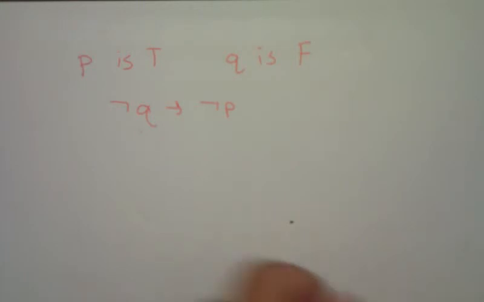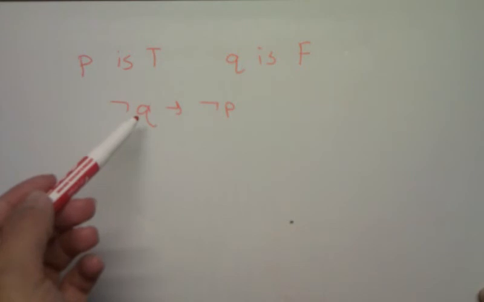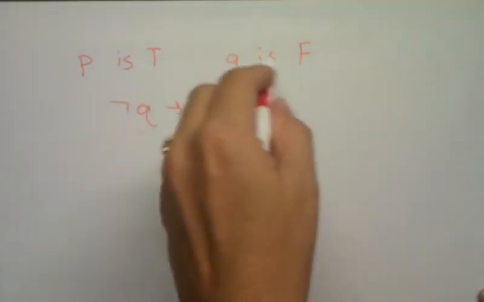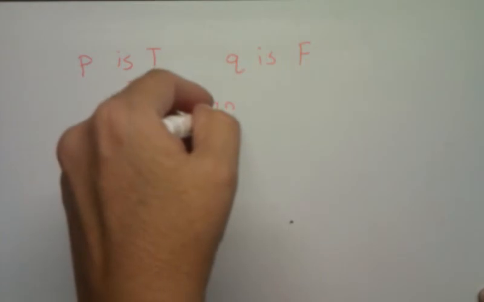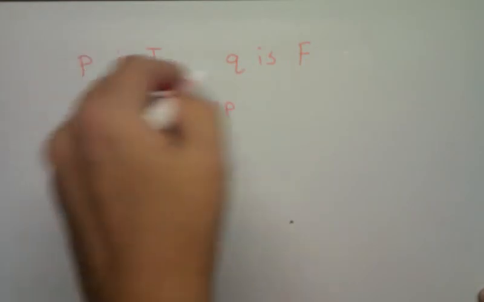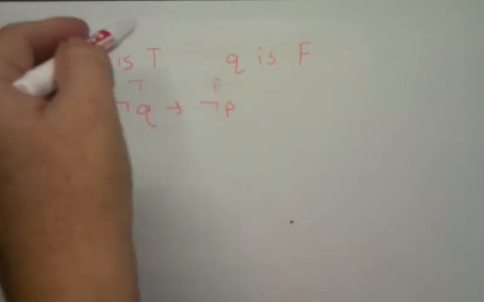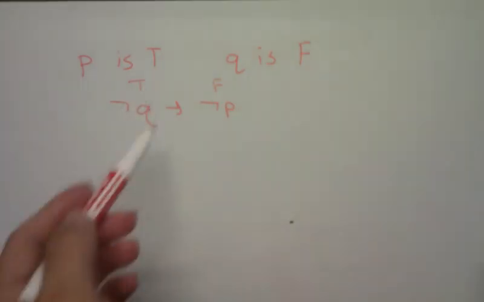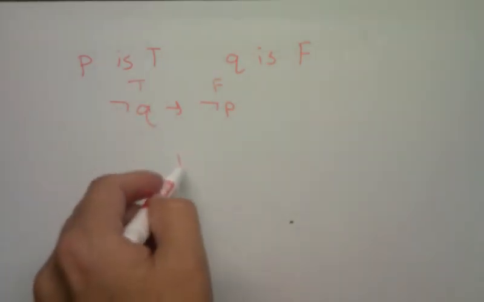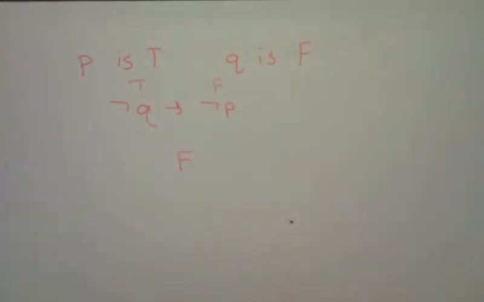Alright, well, let's look at it. If not Q, if Q is not false, that means it's true. Then not P. If P is not true, then it's false. So this would be false. Right?